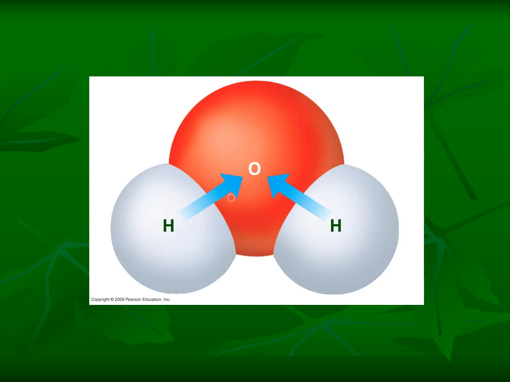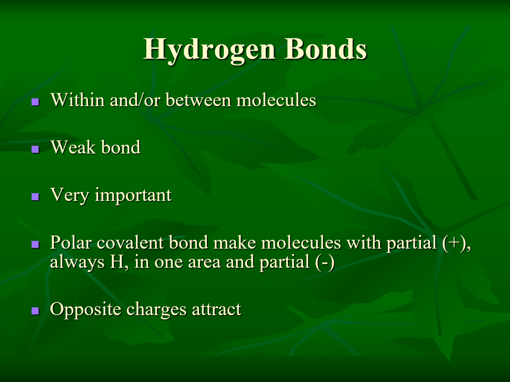So you're pulling the electrons that are negative charge. Yeah, you're sharing them, but you're pulling them closer to the oxygen here. So that means this side here will be more negative, and this side over here is going to be slightly positive now. So even though you have unequal sharing, it's still a covalent bond.